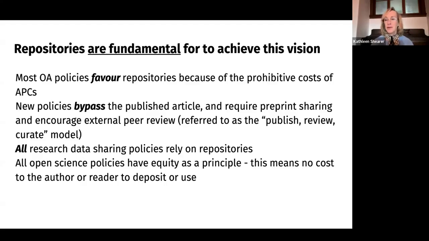After about 15 years of this, we began to understand that this wasn't going to work, and it was also not very beneficial for developing countries. So most of the government policies around open access and open science we see now are very favorable for repositories and require deposit into a repository.